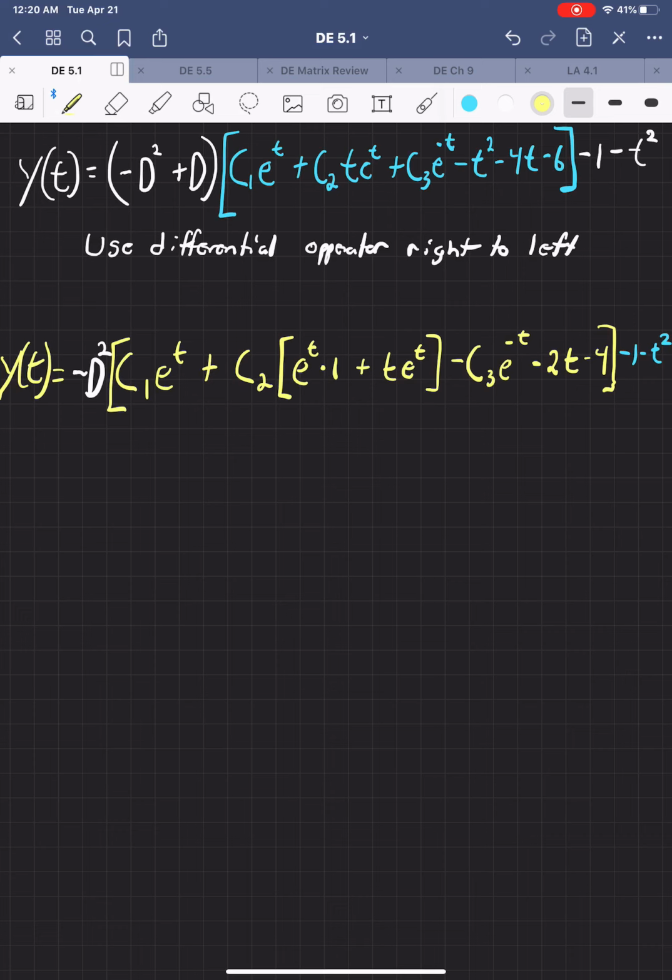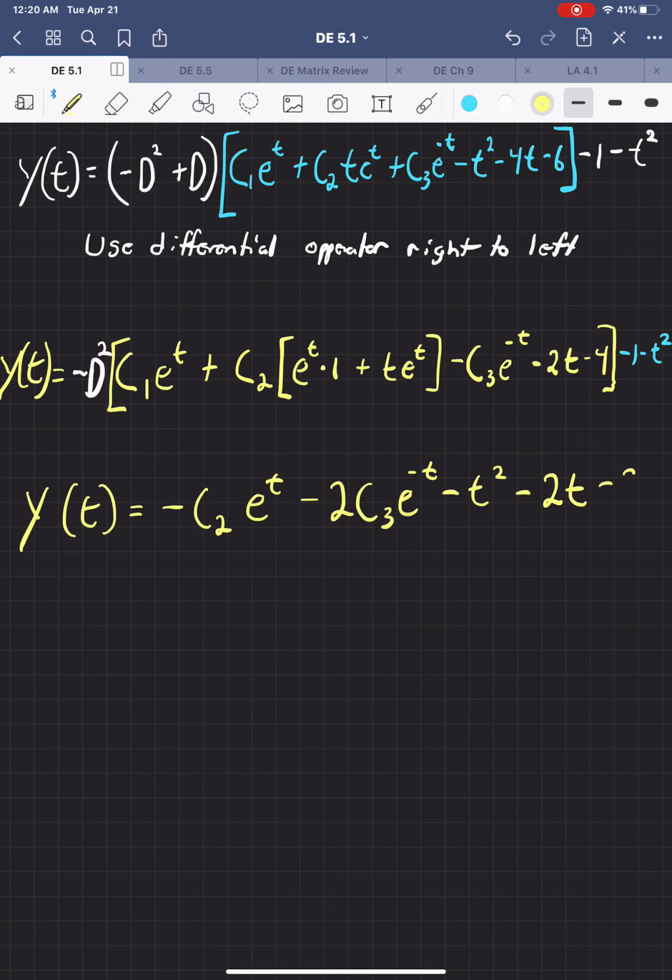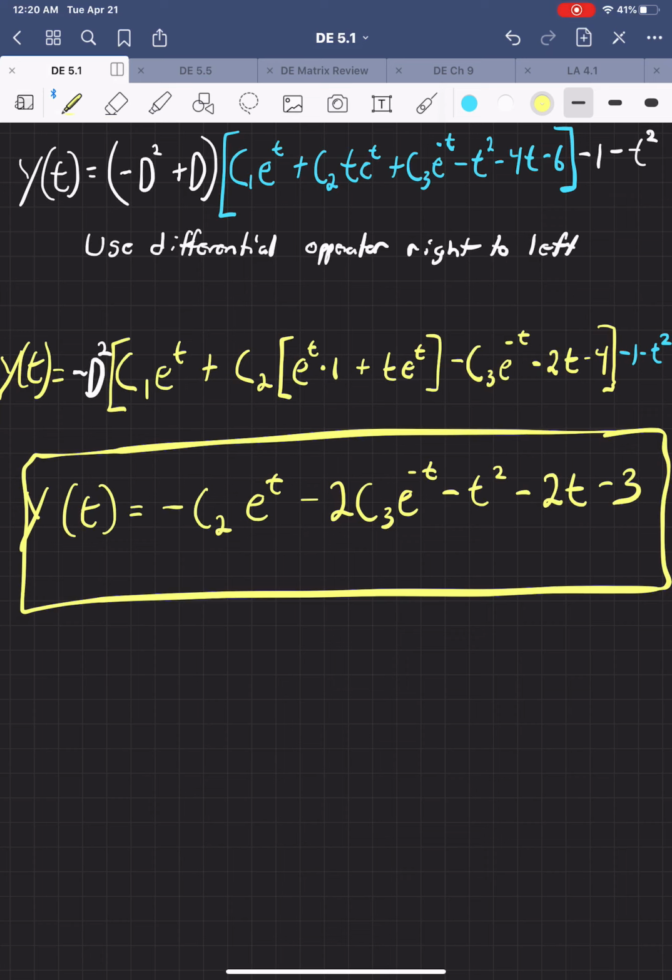So when everything's said and done, what you would end up with is y of t being equal to negative c sub 2 e to the t minus 2c sub 3 e to the negative t minus t squared minus 2t minus 3. So at this stage, you have x and you have y, and you have solved that system.